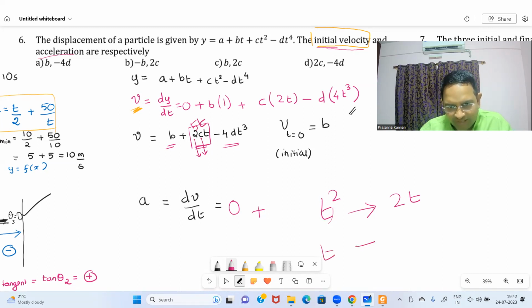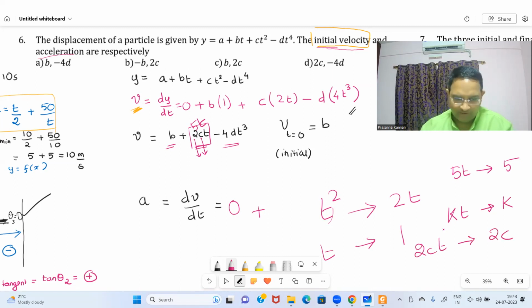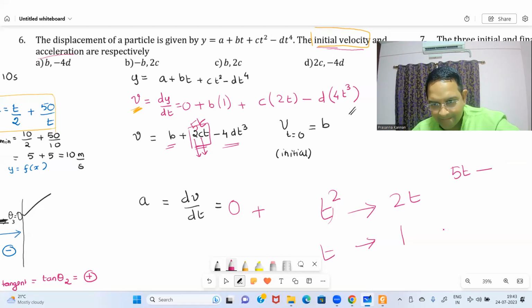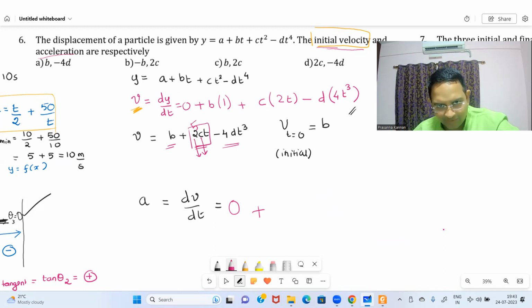What is differentiation of T? 1. What is differentiation of 5T? 5. What is differentiation of any constant into T? Constant. What is differentiation of 2C into T? 2C. That's all, dear. Is it clear? Yes, sir.